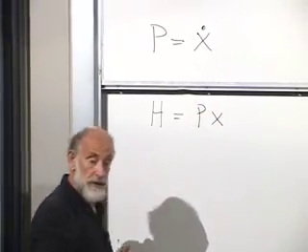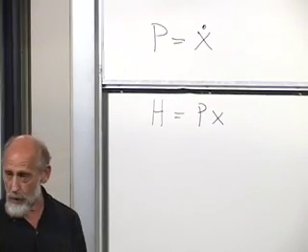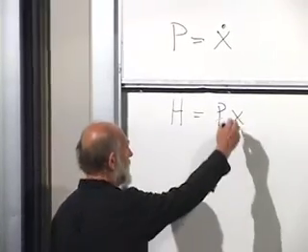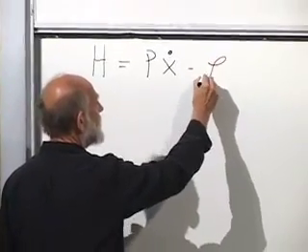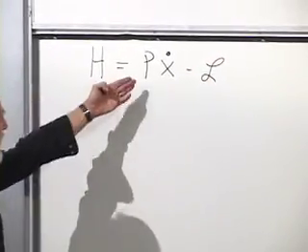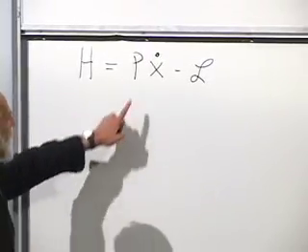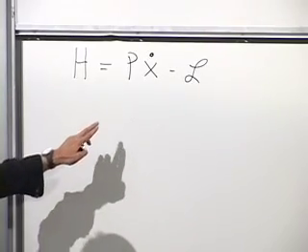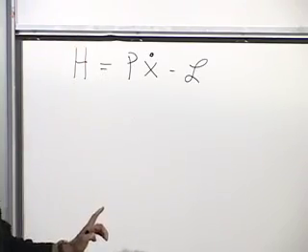This is classical mechanics now. Classical mechanics, which was two quarters ago. P x dot minus L. Let me short circuit it. The Hamiltonian is the energy, and it's always given by the kinetic energy plus the potential energy.